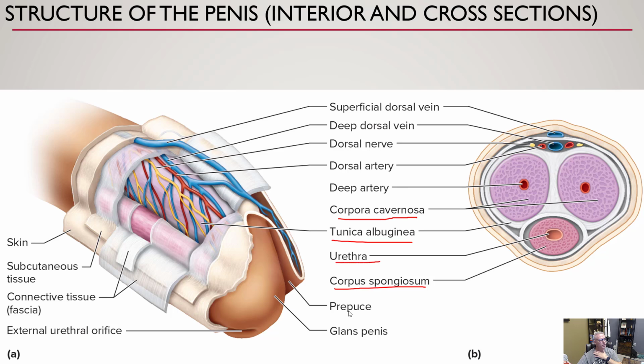There's your urethra, your prepuce. That's the foreskin that gets removed. The glans penis, or the head of the penis. Your external urethral orifice. That's where your pee and ejaculate comes out of.